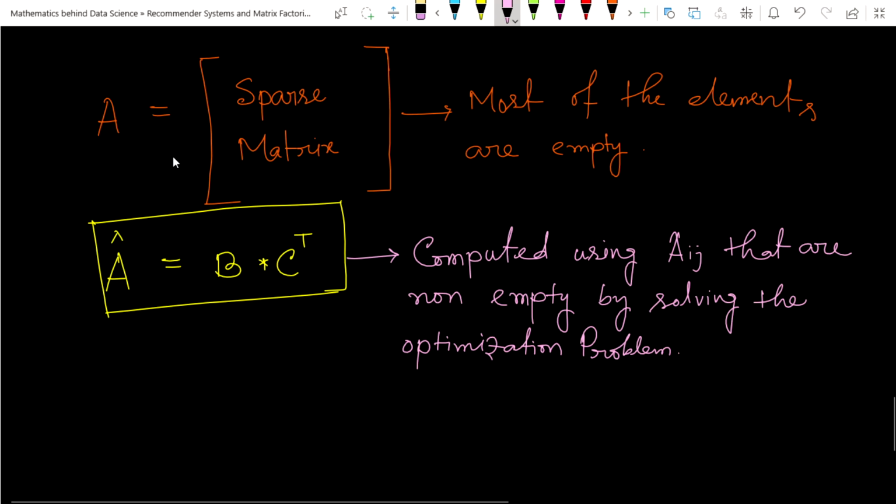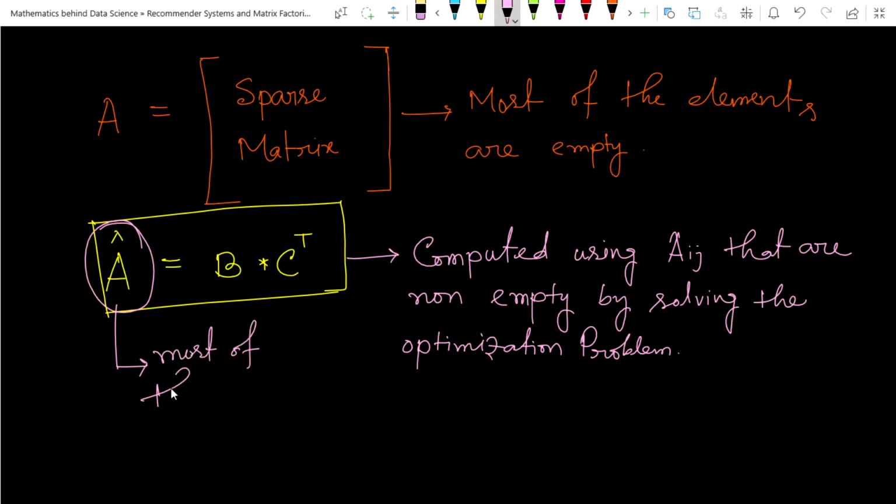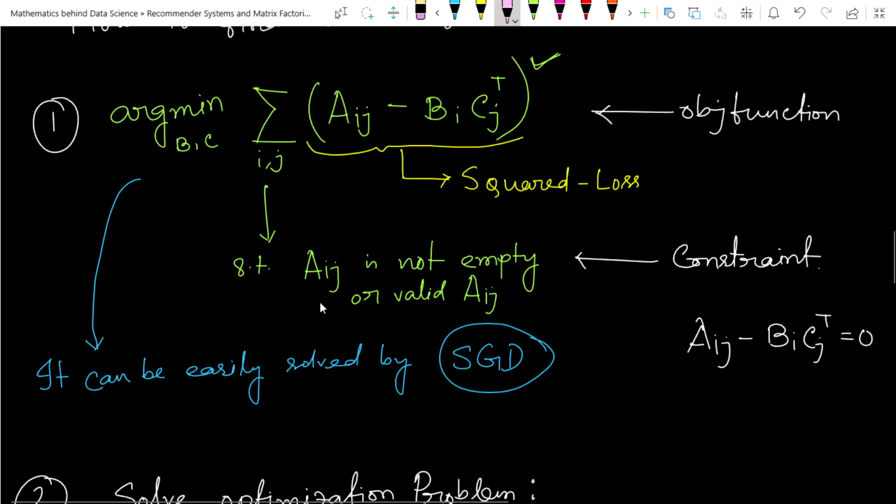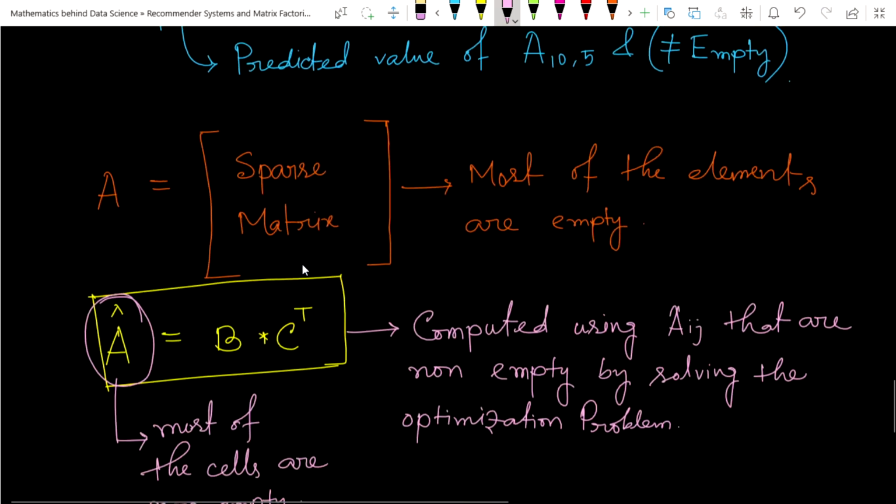So A is a sparse matrix, but the A hat that we have computed has most of its cells non-empty. Because we have used this optimization problem with valid Aij, most of the cells are non-empty.